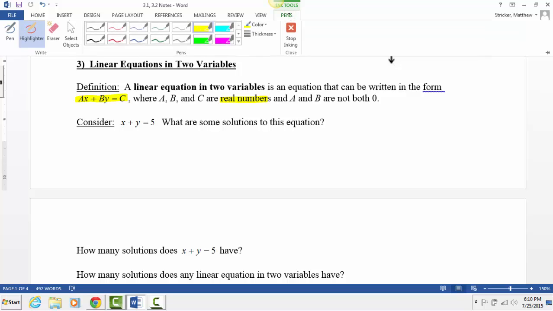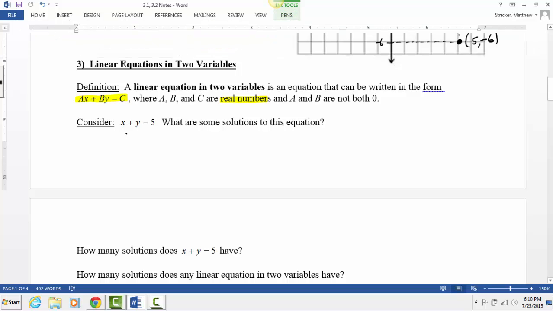So I have an example. I have the linear equation in 2 variables, x plus y equals 5. And if we think about some solutions to this equation, one solution would be 2, 3. Why is that? Because 2 plus 3 equals 5. Remember, we're adding x plus y to get 5.